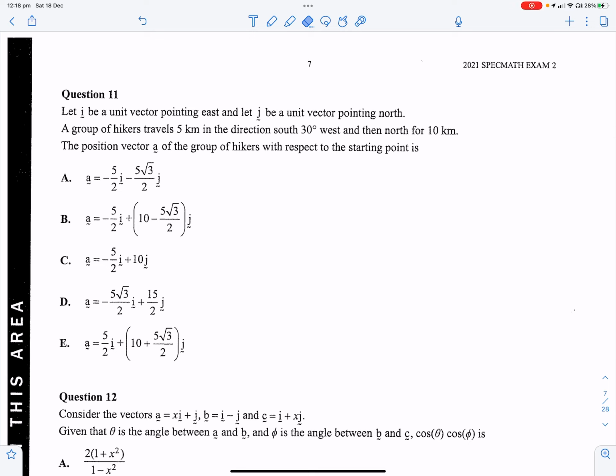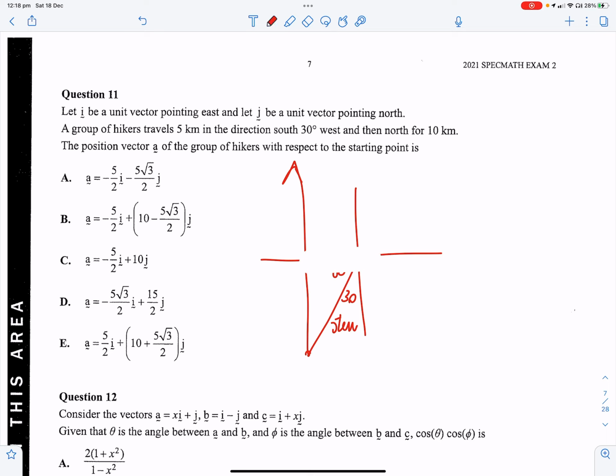i is a unit vector pointing east, j is a unit vector pointing north. A boat travels 5 kilometers in the direction of south 30 degrees to the west. So that's 30, so that's 60. They go for 5 kilometers. Okay, then they go 10 kilometers up. So we've got to add these all together.